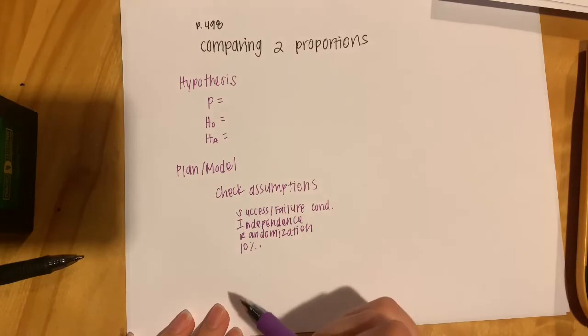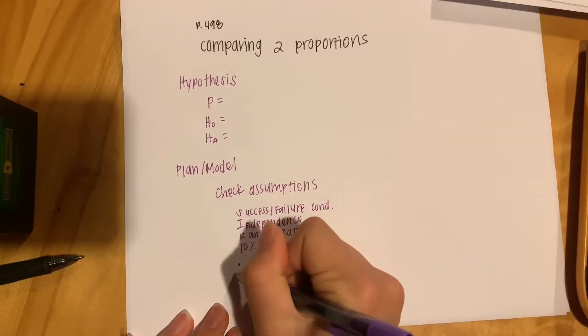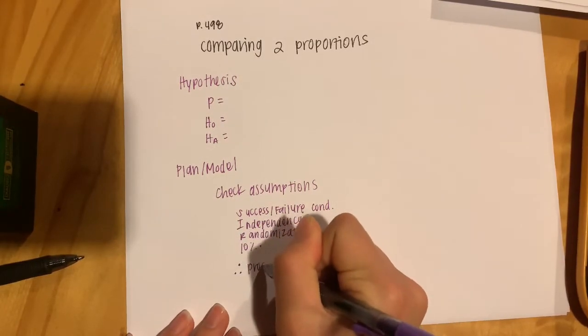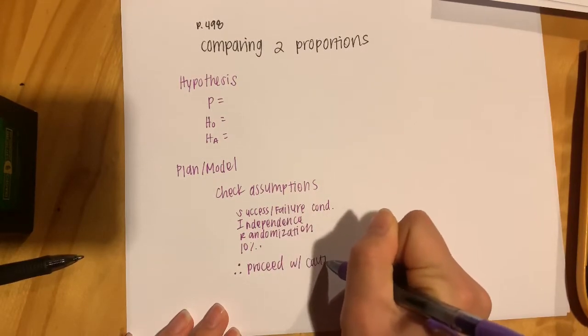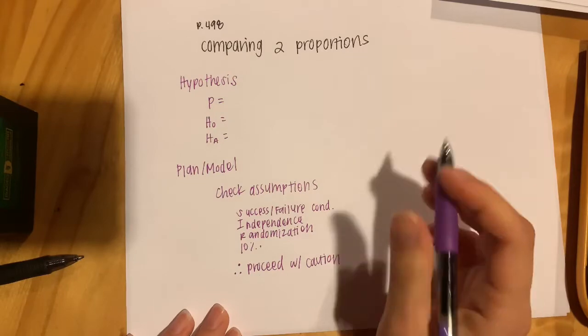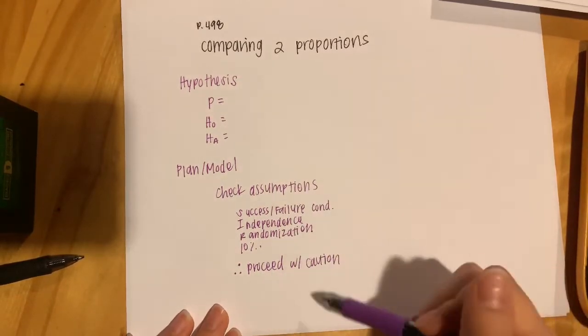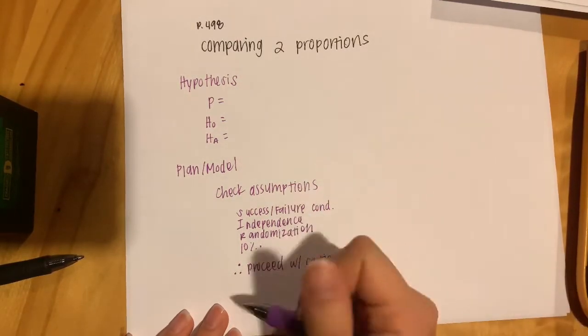Continuing in the plan and model, after this is going to be proceed with caution, which just means that we've checked all the assumptions and that we're just going to continue with our test.